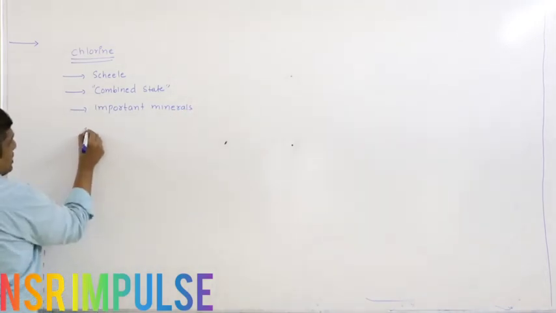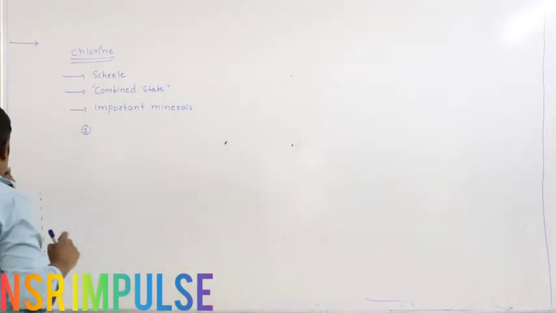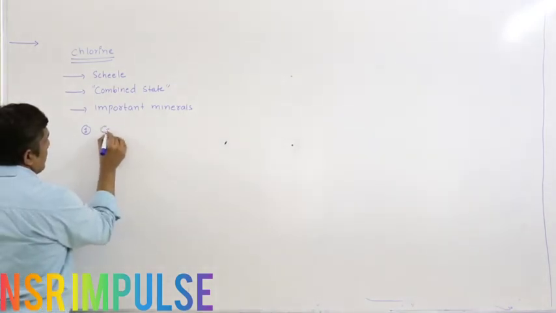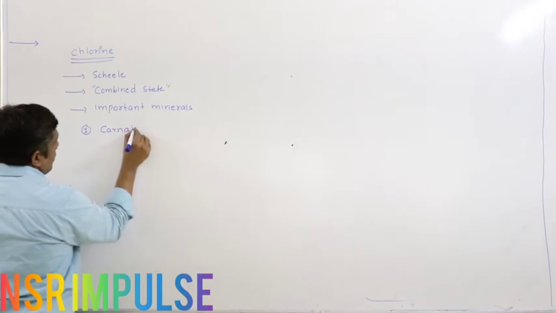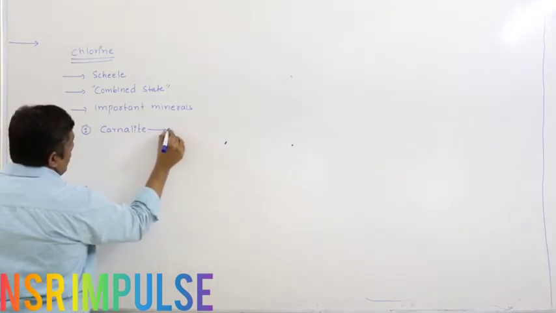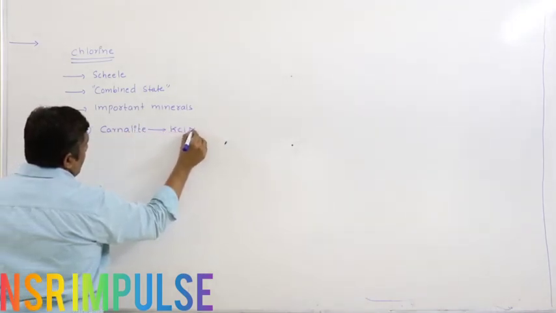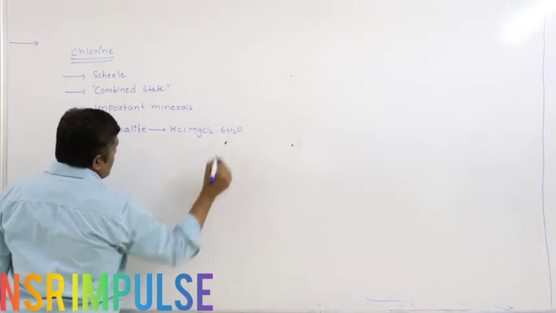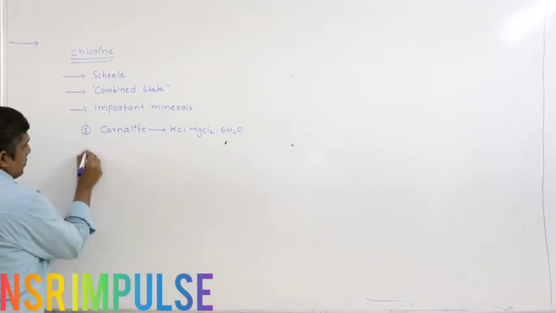The first one is carnallite, KCl.MgCl2.6H2O.